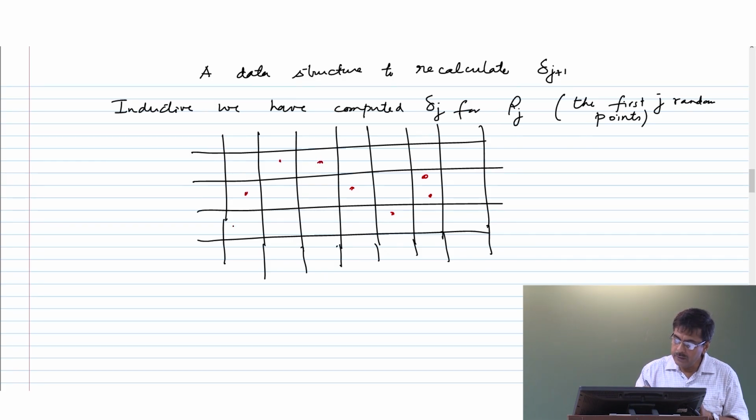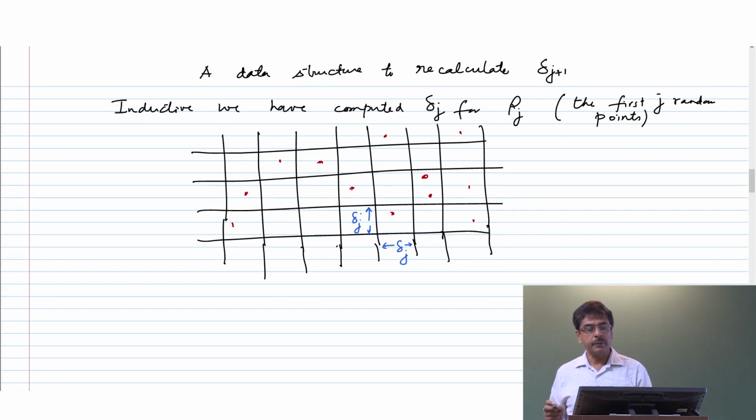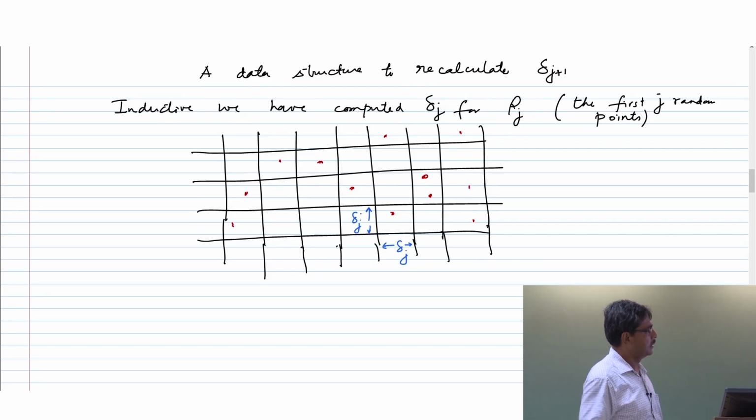So, it is an infinite grid basically on the plane, and I have to define the dimensions of the grid. Okay. So, the grid will be, you might have guessed by now, a delta j by delta j grid. So, these red points basically are this Pj, and this is an infinite grid on the plane. It is an imaginary grid.